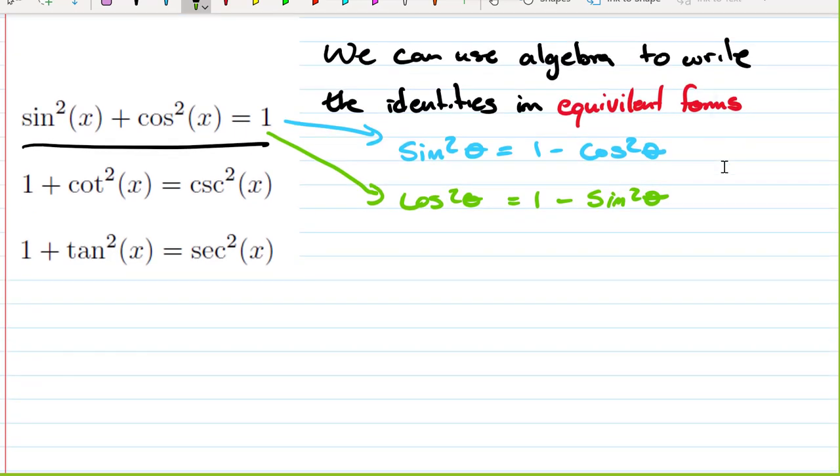All right, so we've talked about where the first Pythagorean identity came from. So the question then is, where did 1 plus cotangent squared theta equals cosecant squared theta come from? And similarly, where did 1 plus tangent squared x equals secant squared x come from?